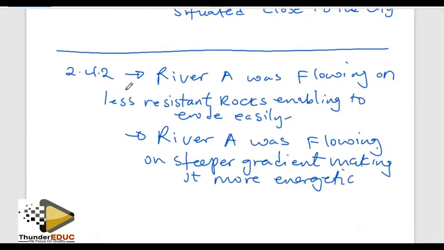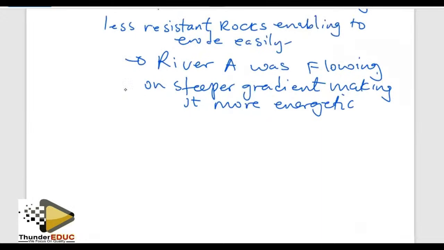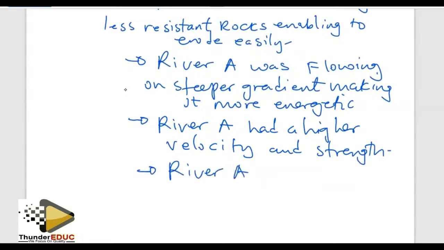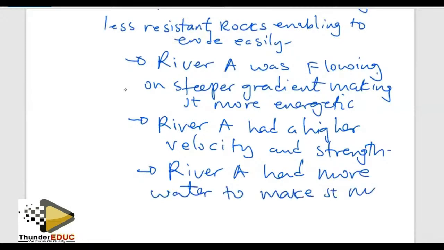Or river A had a higher velocity and strength, or river A had more water to make it stronger.